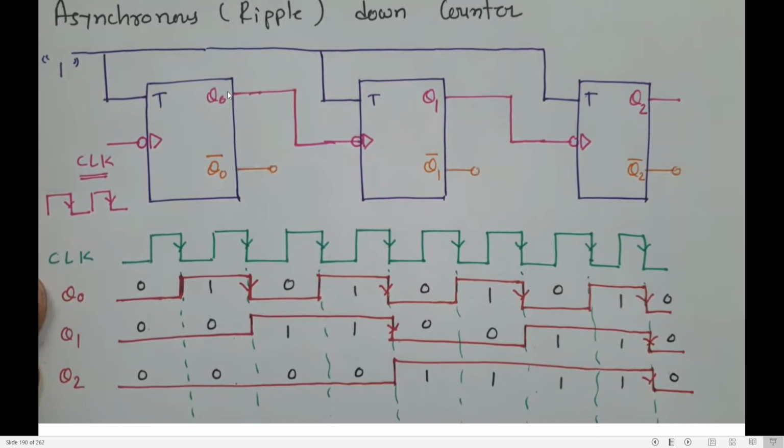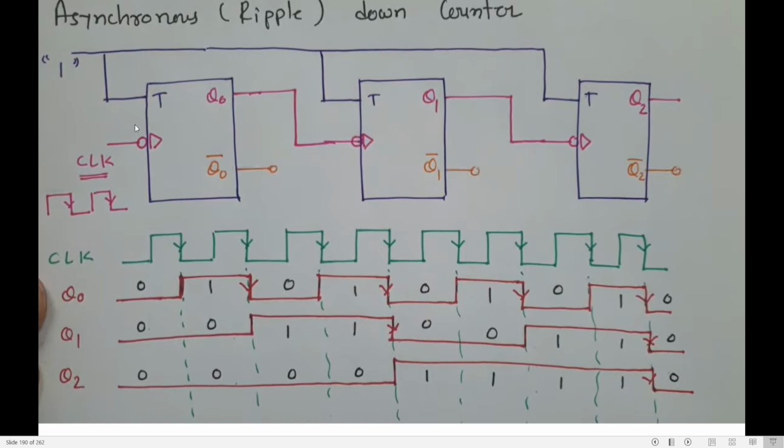In the up counter, you will get outputs from Q0, Q1 and Q2. It means I need to first get the outputs Q0, Q1, Q2 and complement them so that I get Q0 bar, Q1 bar and Q2 bar, which will form the down counter. So let us start with the up counter.